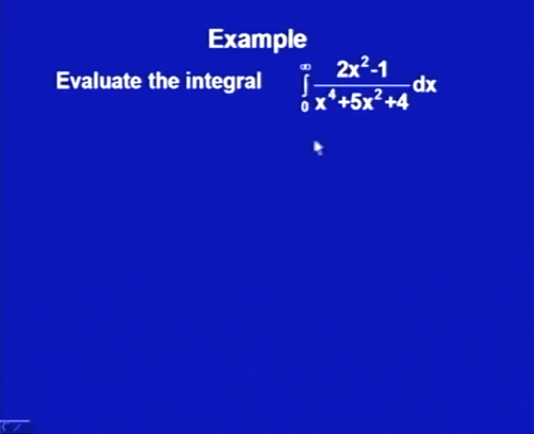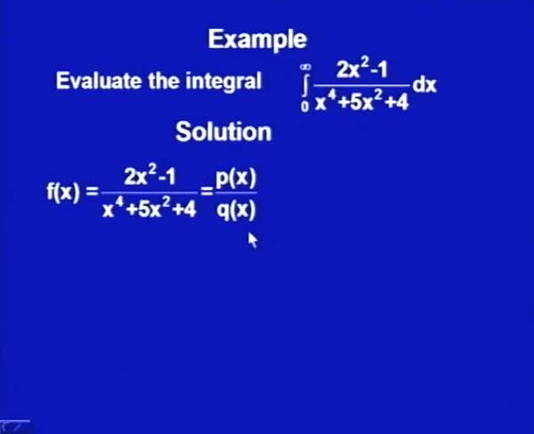Say, evaluate this integral from 0 to infinity of 2 x square minus 1 upon x to the power 4 plus 5 x square plus 4 dx. We have my function f x as 2 x square minus 1 upon x to the power 4 plus 5 x square plus 4. This is of the form p x upon q x.